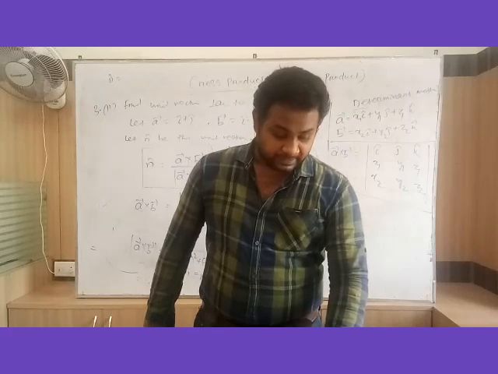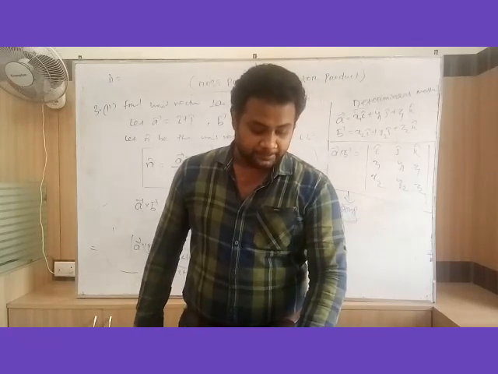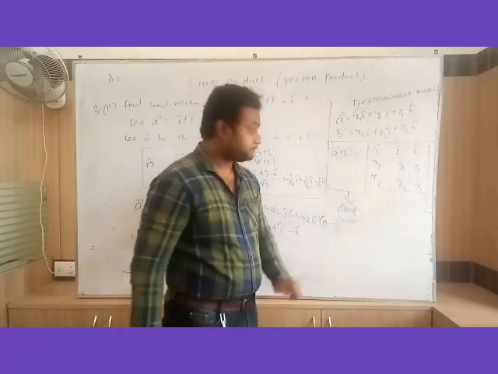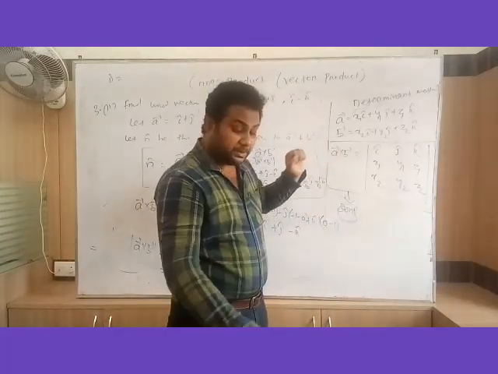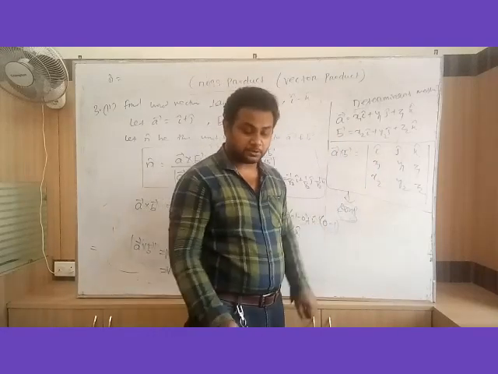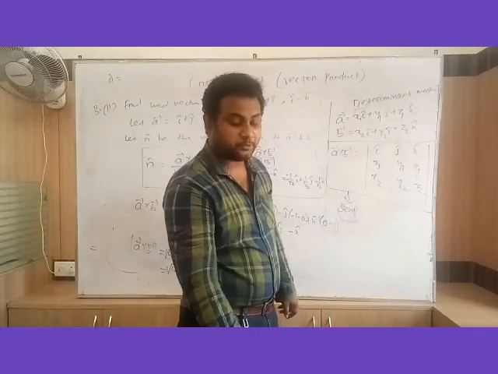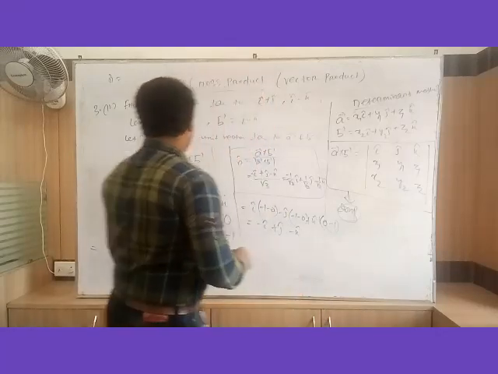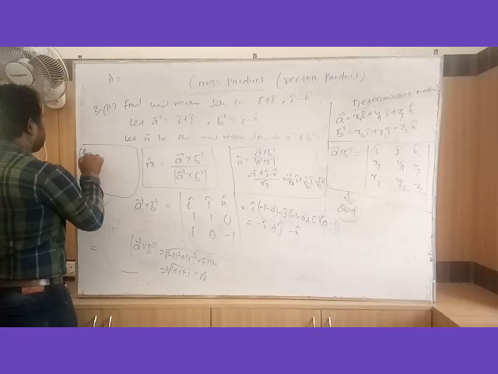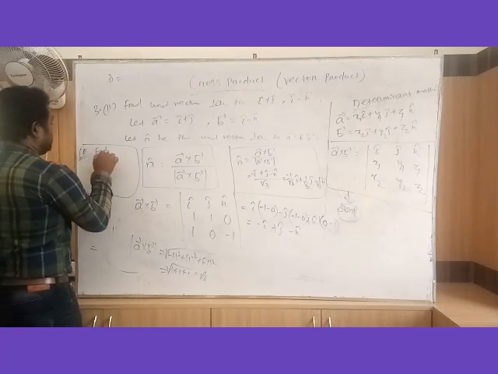If A vector, B vector are given, then show A cross B is perpendicular to both A vector and B vector. Okay. In question number 10, first find A vector cross B vector. Then you have to show A cross B is perpendicular to both A vector and B vector. First find A vector cross B vector.